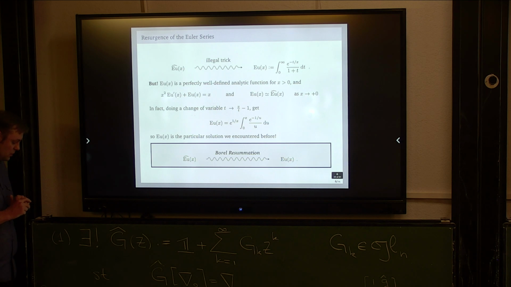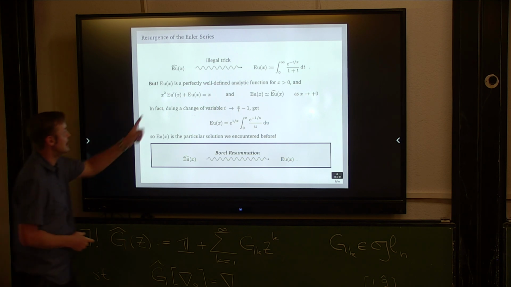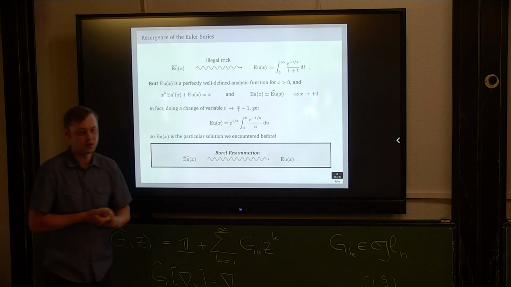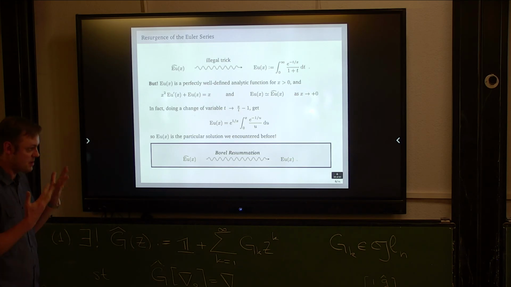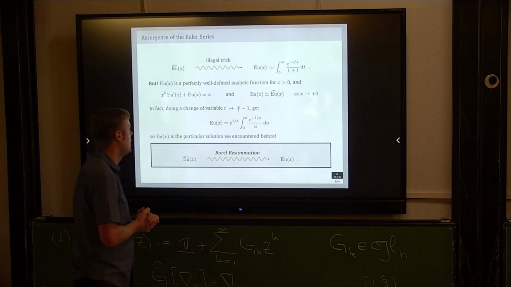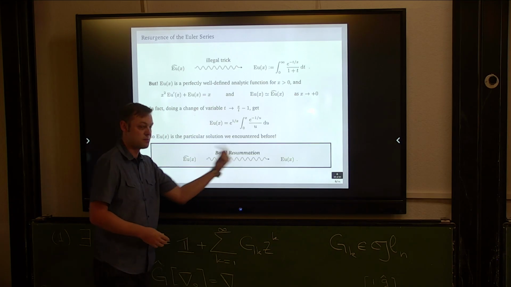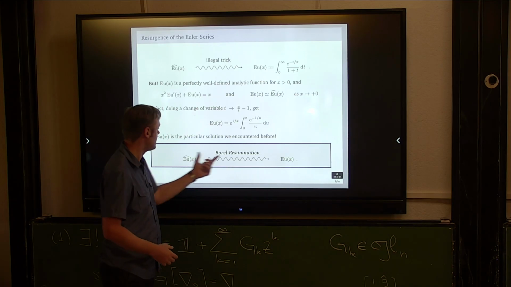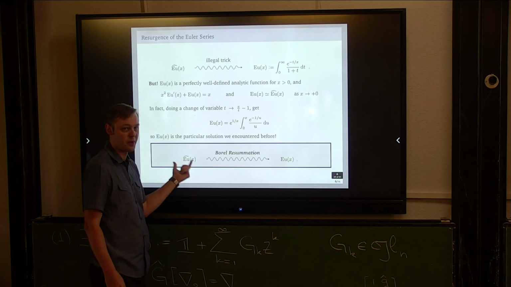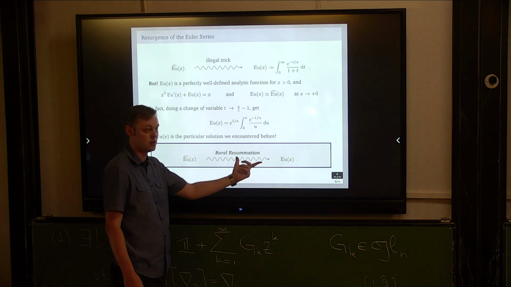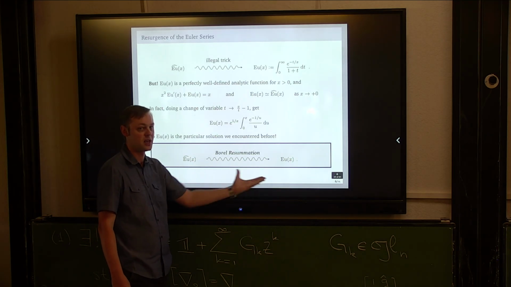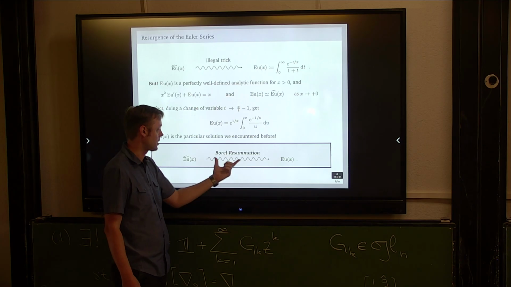So this illegal trick that makes this possible can actually be made mathematically sound. And the key word here is Borel resummation. So what we did here, we started with a formal power series and we applied Borel resummation, which I'm about to explain how that goes.